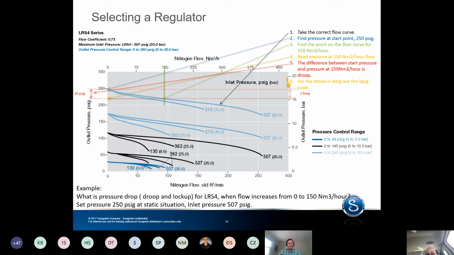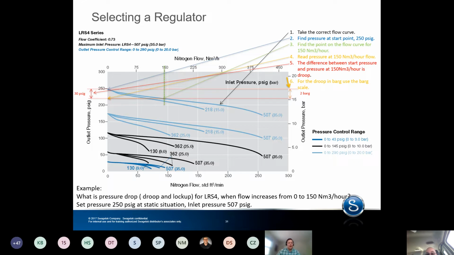We find the intersection of those two, and work our way back over to the outlet pressure. From there, it's just what is the difference between where we started and where we ended. In this case, maybe 25 or 30 PSI would be different.